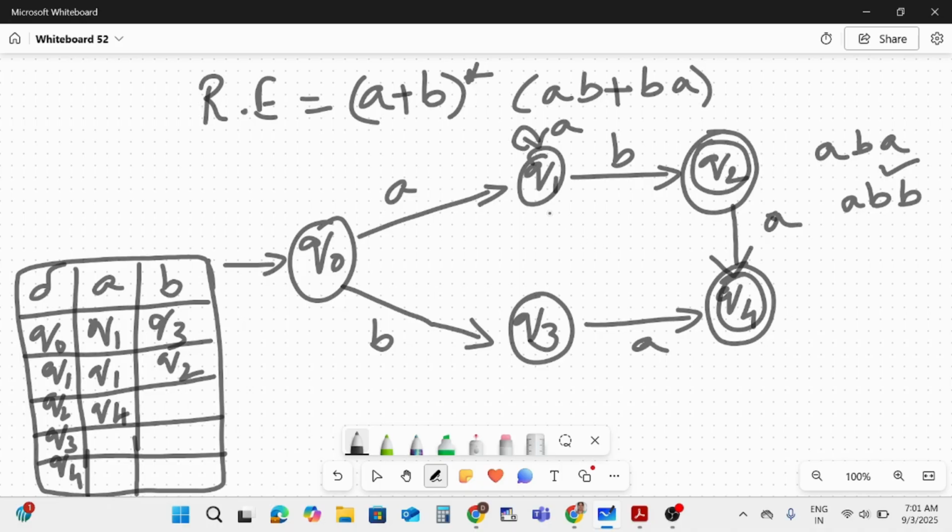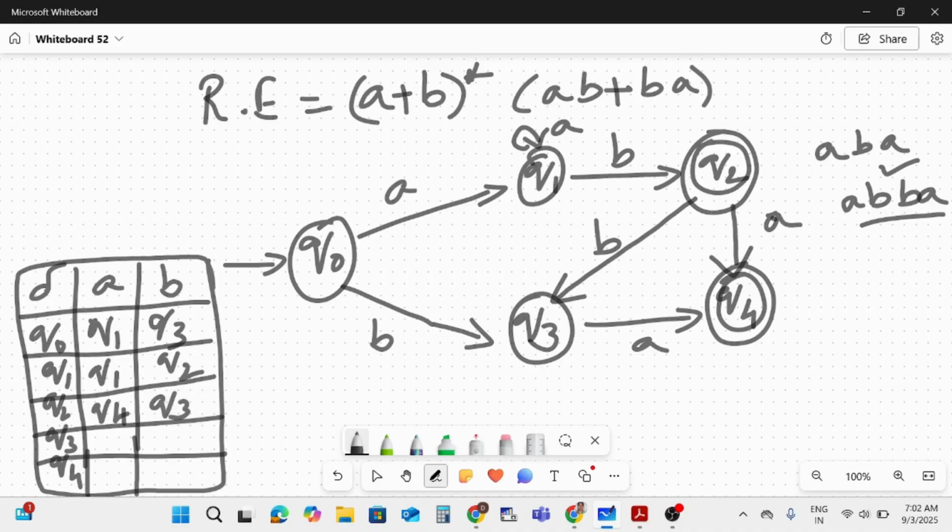Otherwise we need to find the optimal solution within the given set of states. So for q2, if b comes, we send it to the q3 state, because it is going to be ending with bab, that is ba, so it should go to a final state. Coming back to q2: q2 with a goes to q4, q2 with b goes to q3.